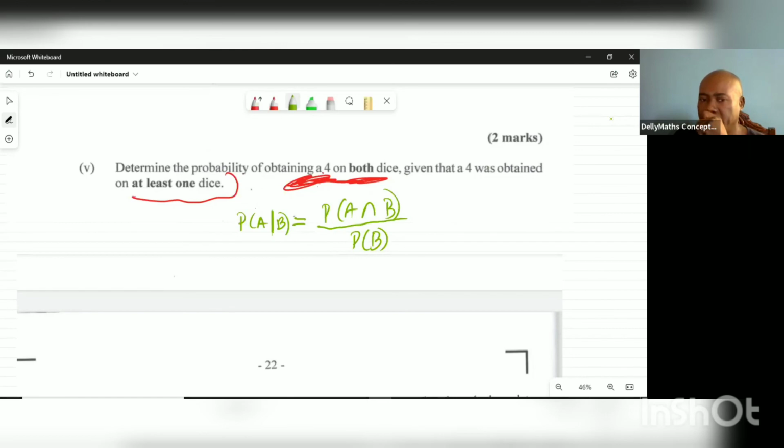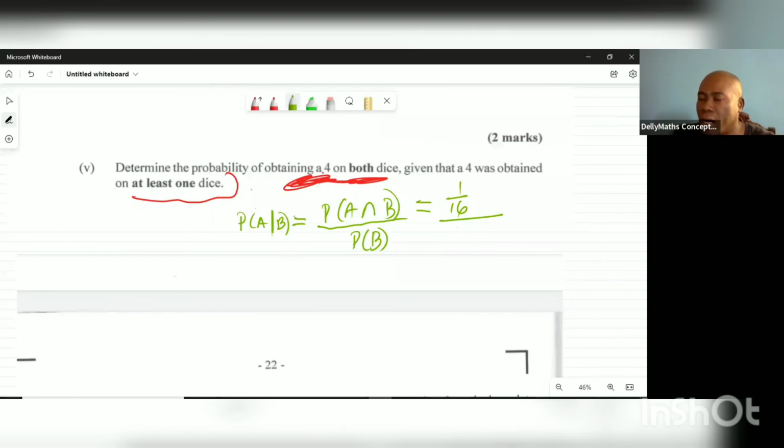In this case, what is our intersection, meaning to get a 4 on both dice? We already knew that is 1/16 from what we had. To get a 4 on both dice is 1/16. And you're going to divide that by the probability to get a 4, which was at least a 4.